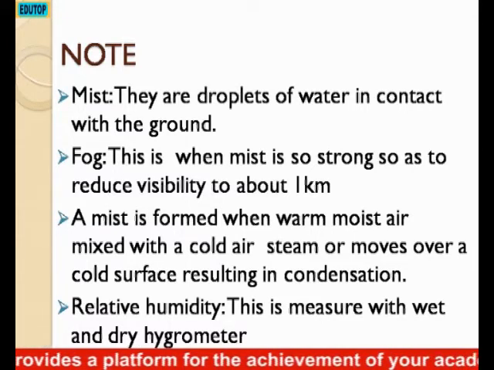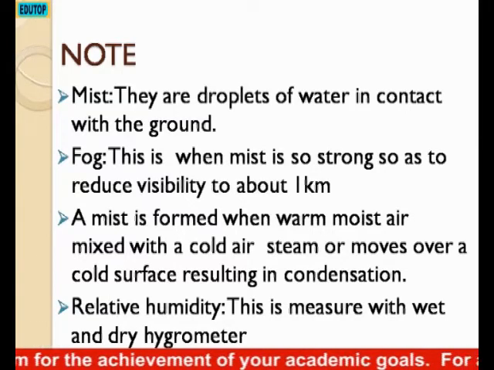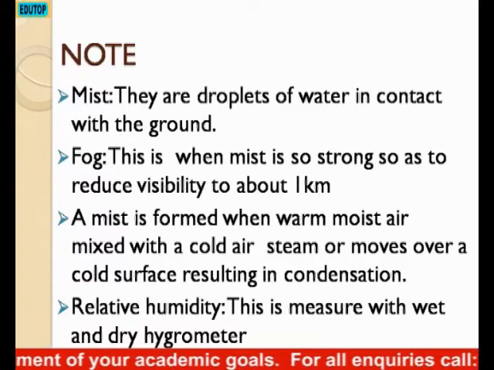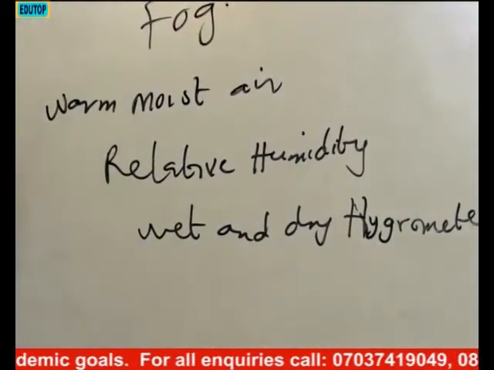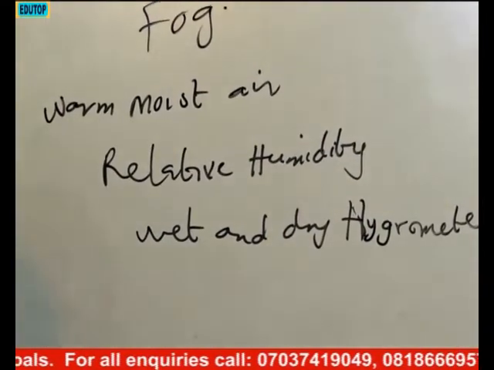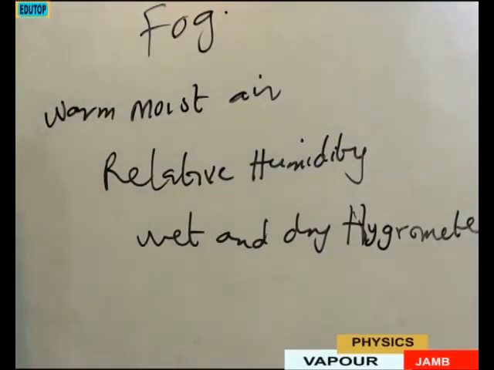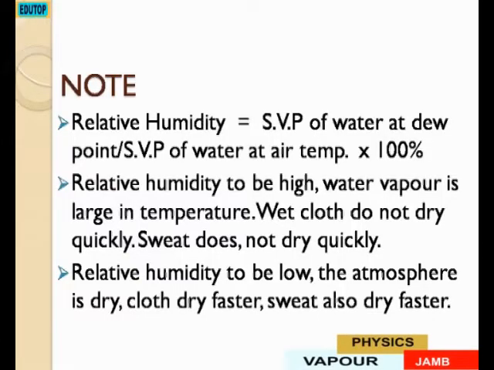Then let's look at relative humidity. Relative humidity is measured with a wet and dry hygrometer. The wet and dry hygrometer is the instrument we use to measure the relative humidity. Then, how do we calculate relative humidity? Relative humidity is equal to SVP.